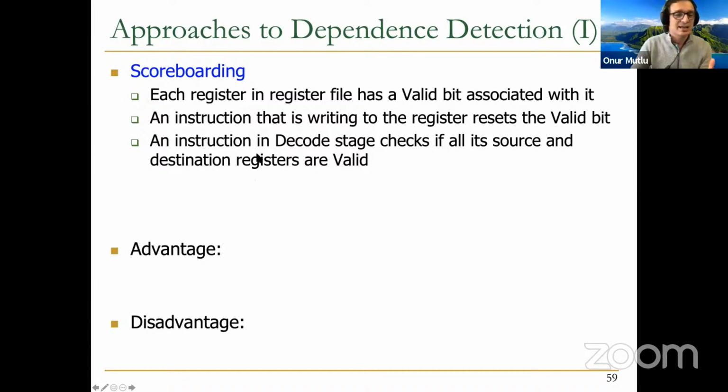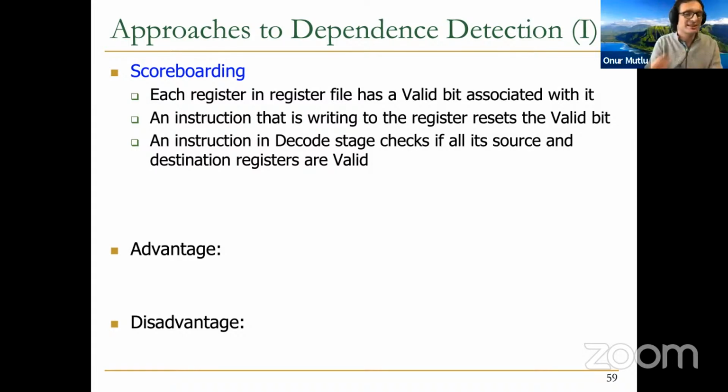You can somehow make sure that an instruction in the decode stage doesn't check if the destination register is valid. But you need to be careful after that point, right? Because now you may have multiple instructions in the later stages writing to the same destination register because of write after write dependencies. And you need to make sure that the instructions that are reading from them get the correct value.